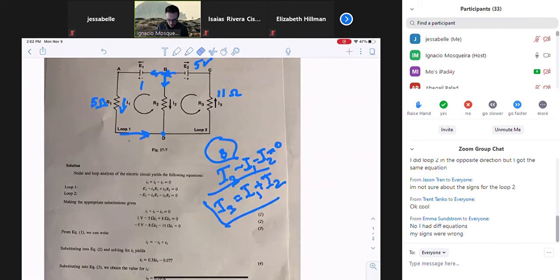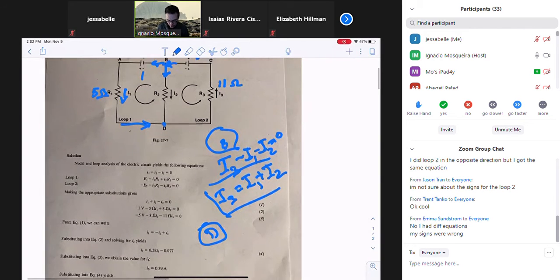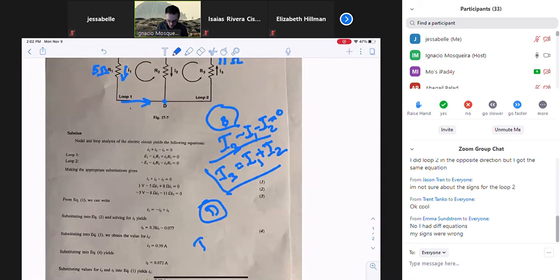So if we do D, what's moving in? What's moving in is I1 and I2. So I will write I1 with a positive plus I2 with a positive, and then I3 would be moving out of junction D, minus I3 equals 0.